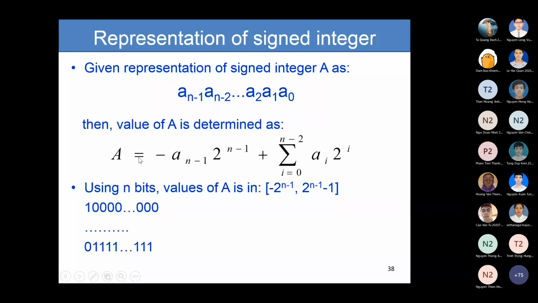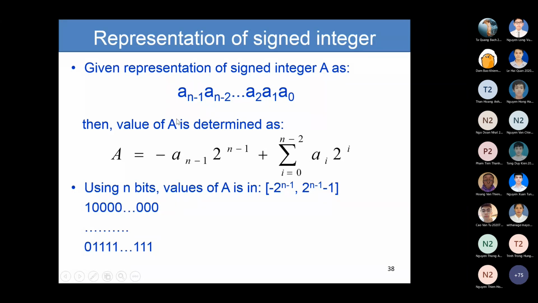So A, big A, equals minus small a subindex n minus 1 multiplied by 2 to the power n minus 1, and for the rest we use the same formula, the sum of ai multiplied by 2 to the power i, with i running from 0 until n minus 2. Actually, you use the same formula except the first bit, where we put the minus sign because it is the sign bit.